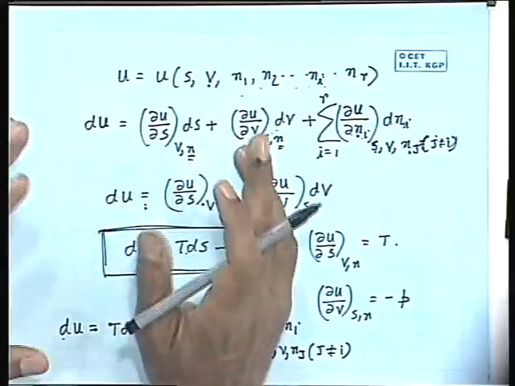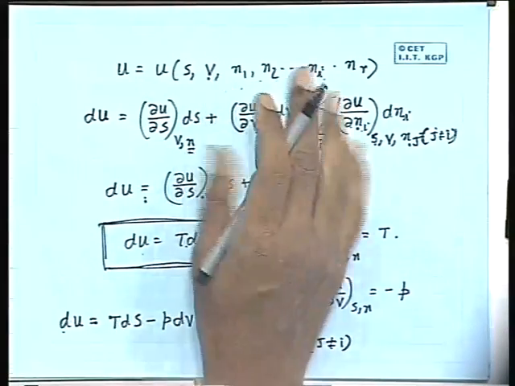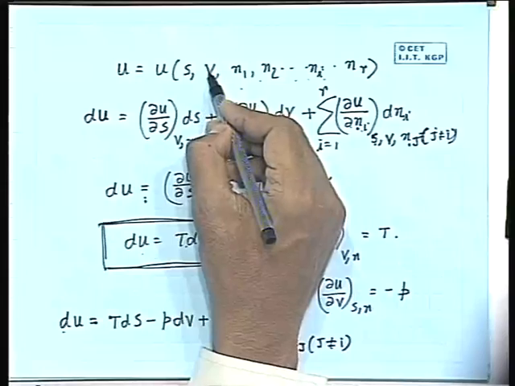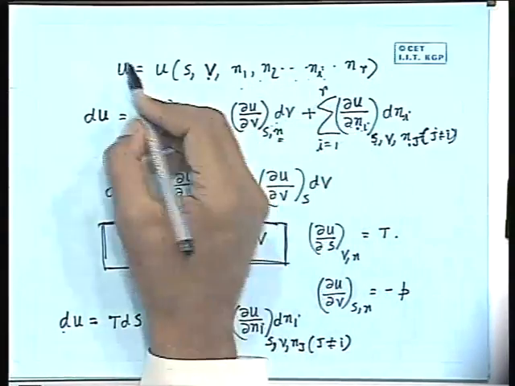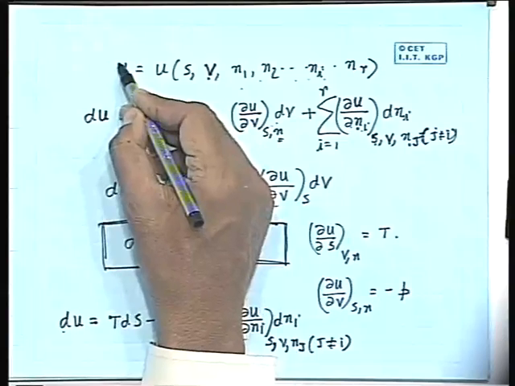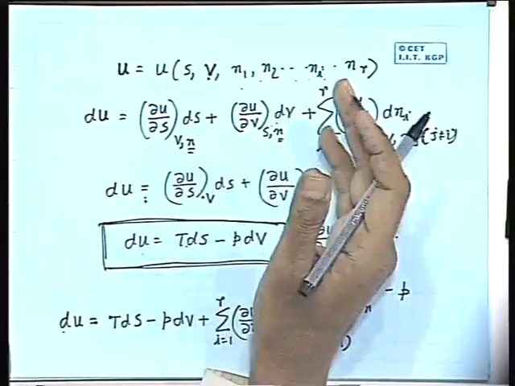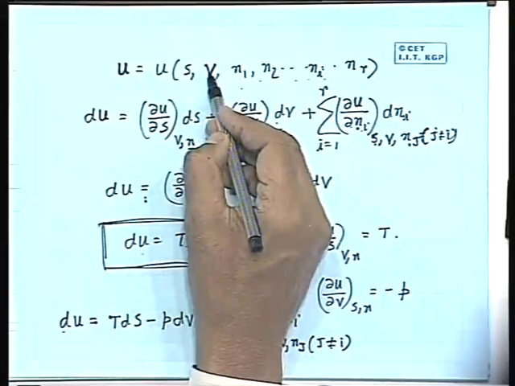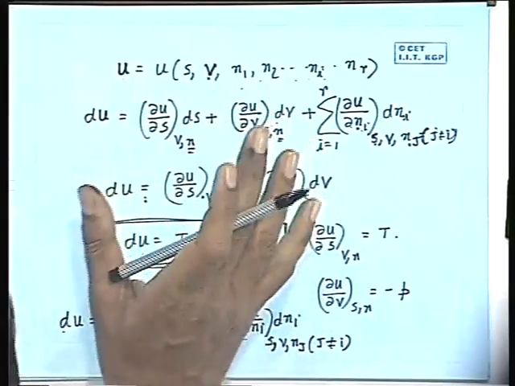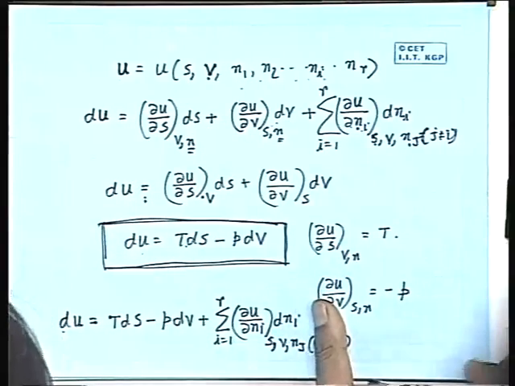That is because I will explain this afterwards: if we consider a system where volume remains constant, then we can tell that this change in U is an indication of a certain energy potential. That I will come to afterwards. Of course, here volume is not constant, but there is a concept for which U is expressed in terms of S and V and H is expressed in terms of S and P.